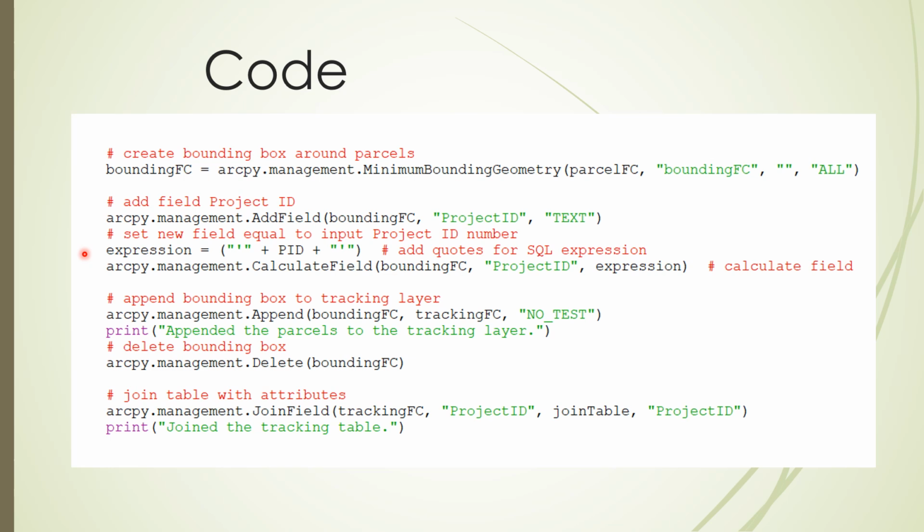I needed to have quotes around it because sometimes the project IDs contain hyphens or other characters. So I set the project ID field equal to the user input. Then it's appended to the tracking feature class. Once that's done, the bounding box is deleted.